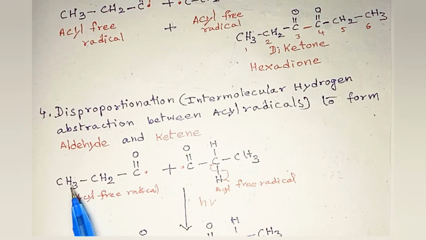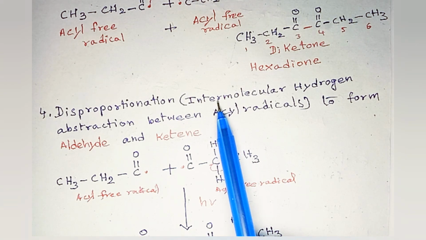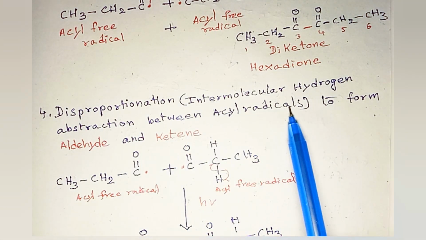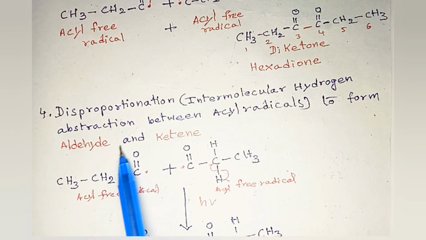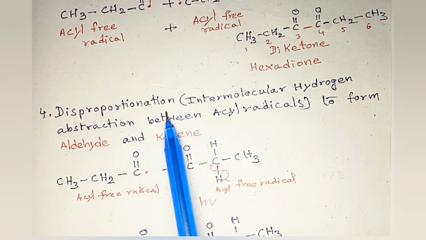Next, disproportionation, or intermolecular hydrogen abstraction between acyl radicals, to form an aldehyde and a ketene. Disproportionation occurs.